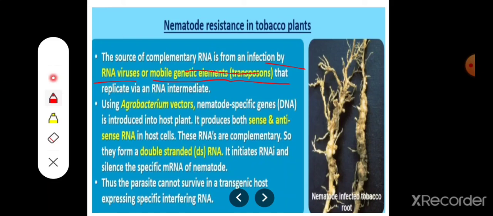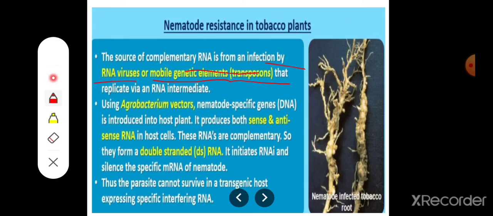You need not study what mobile genetic elements are. Just remember that it is like a jumping gene which will provide the double-stranded DNA. Okay, and so the RNA interference will happen.